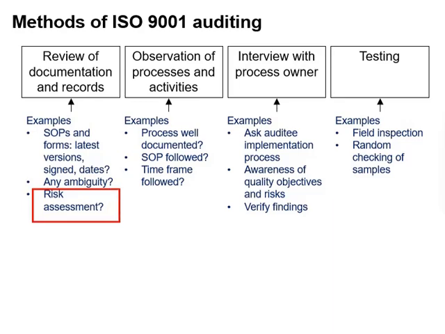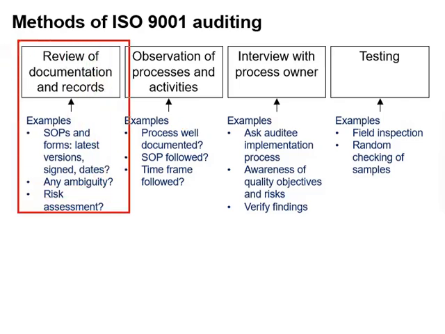You are actually reviewing the practice. Therefore, when you look into the risk assessment, whatever was proposed to be mitigated should theoretically have been implemented, at least to demonstrate their commitment to contain the risk. These are some examples of reviewing the documents and records.